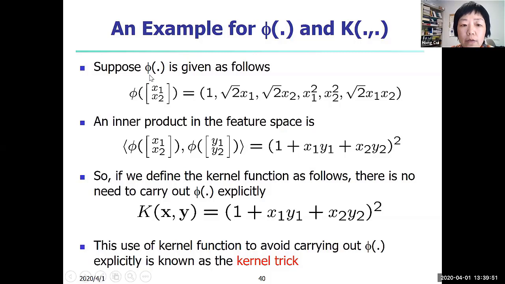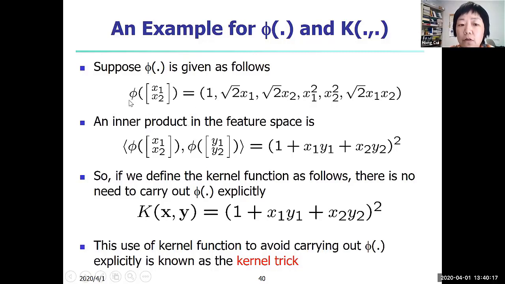So here we have an example. If we apply the transformation function on each individual data point, it's going to be complicated. We do all those computations. We turn a two-dimensional data point into a 1, 2, 3, 4, 5, 6, six-dimensional data point, and then compute the inner product.